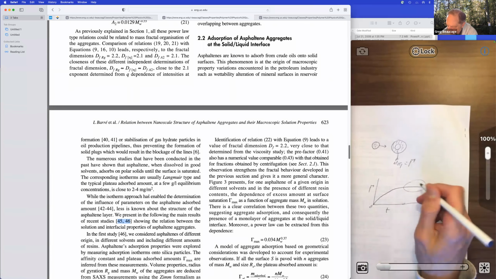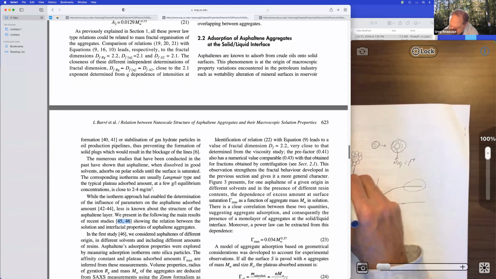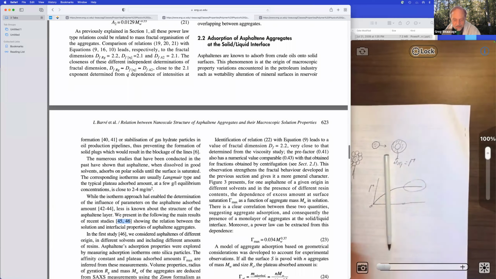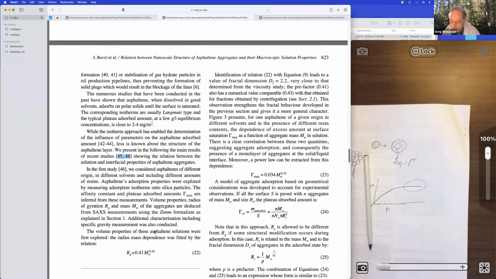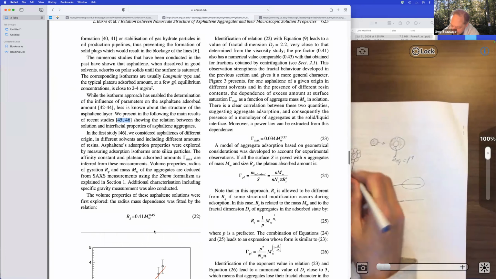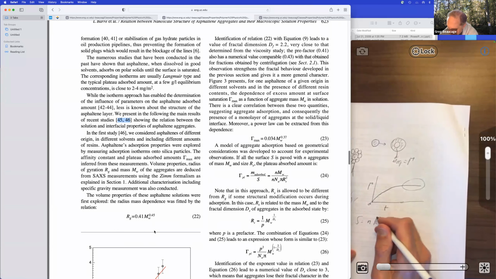So the assumption is that the plateau is when you have the sphere and its surface is covered by these aggregates, each of those some kind of aggregate of asphaltene. Right. So you have this idea that you have a monolayer of these aggregates around the surface. So the surface area is the number of aggregates times the radius of an aggregate squared.